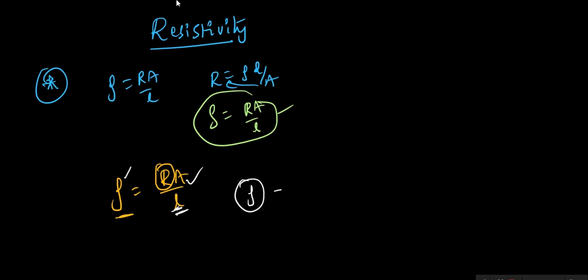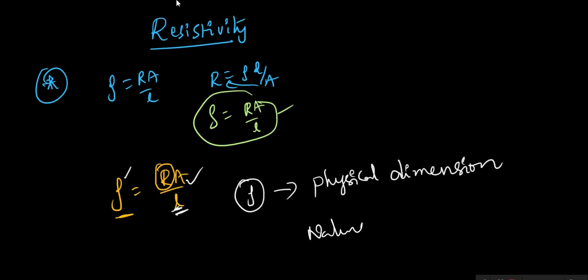Resistivity rho does not depend on the physical dimensions of the conductor, that is, length and area. Resistivity depends on the nature of the material. Resistance and resistivity both depend on temperature.